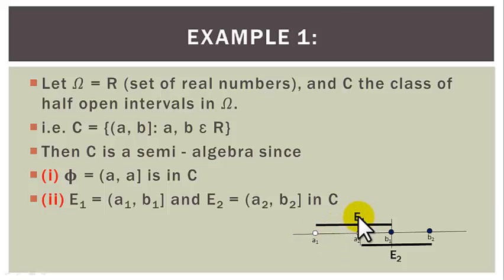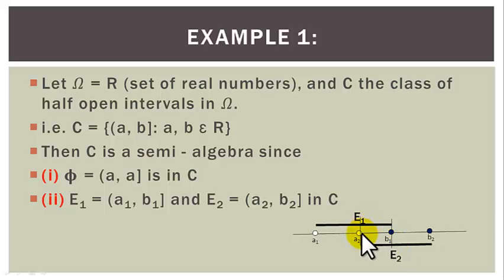So E1 is open at a1 and closed at b1. Let this be E2. E2 is open at a2 and closed at b2. Clearly, the intersection of E1 and E2 is this portion from a2 to b1.